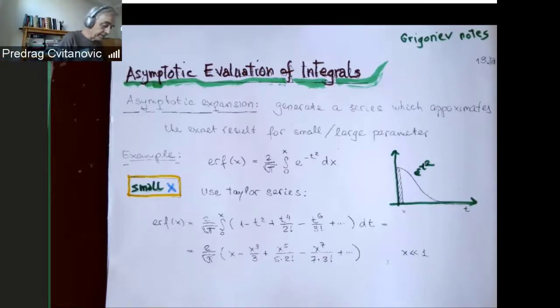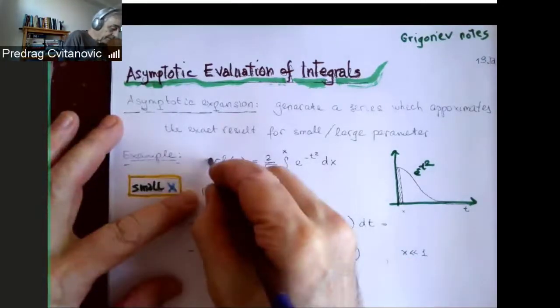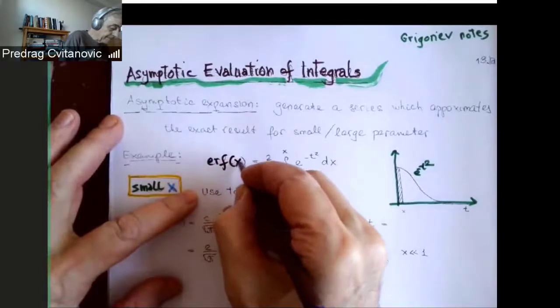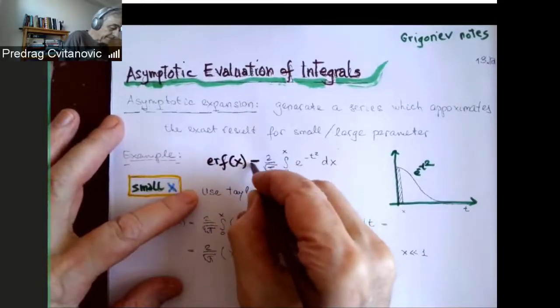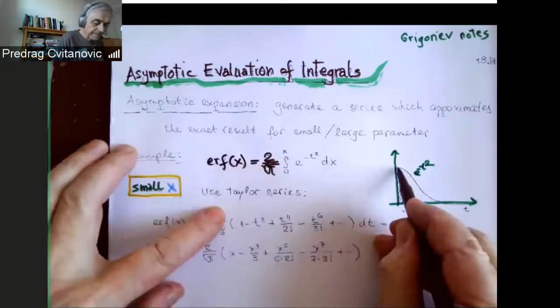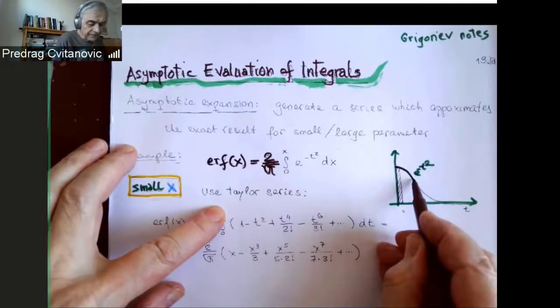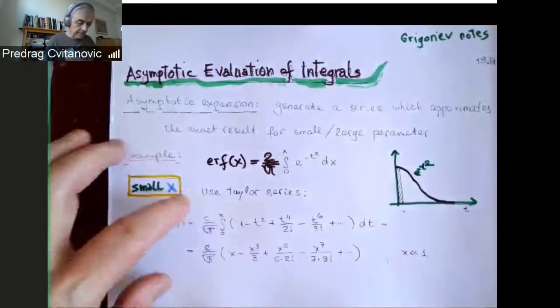So here is an example. It's called the error function. It's drawn here. Basically it's just half of a Gaussian.